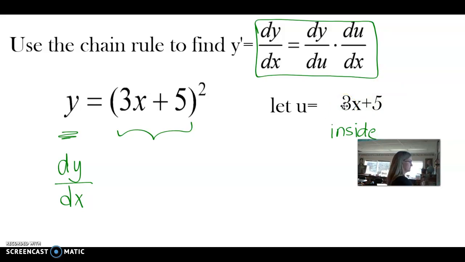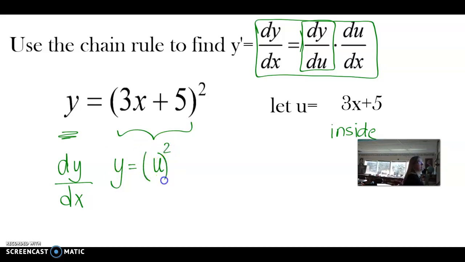And so if we follow the notation that's up here, dy/du, then what this means is if we let u equal 3x plus 5, then I can rewrite this as y equals u squared, taking that and replacing 3x plus 5 with u.